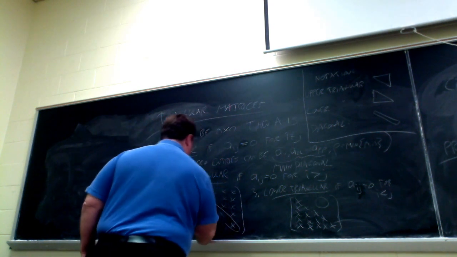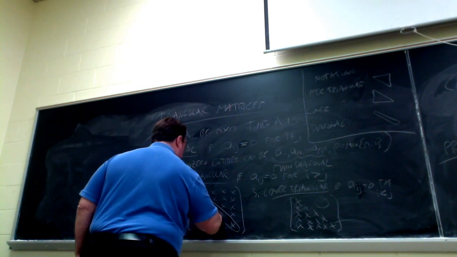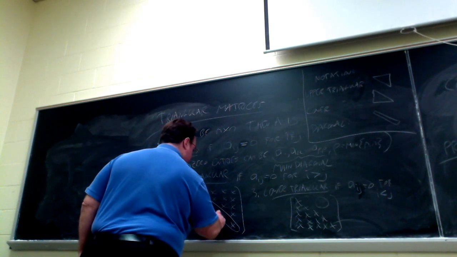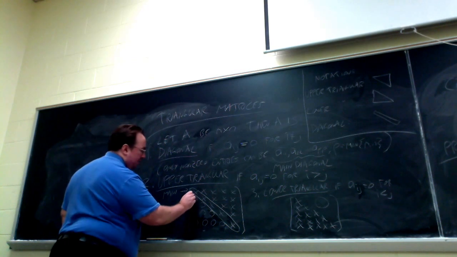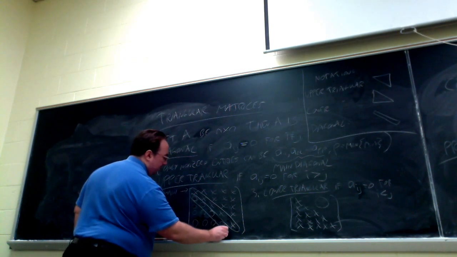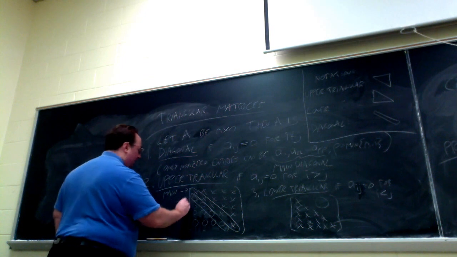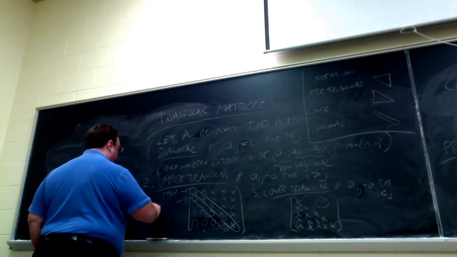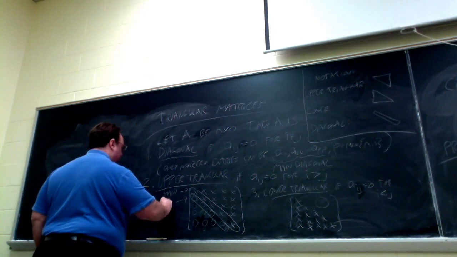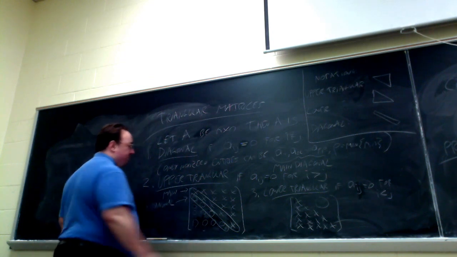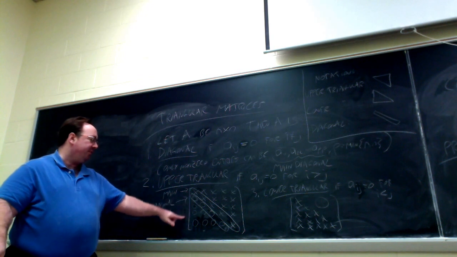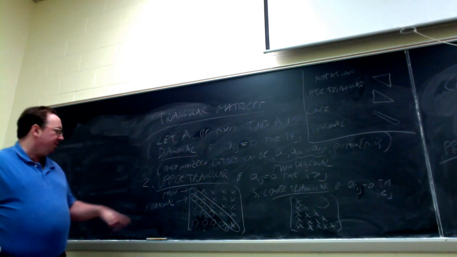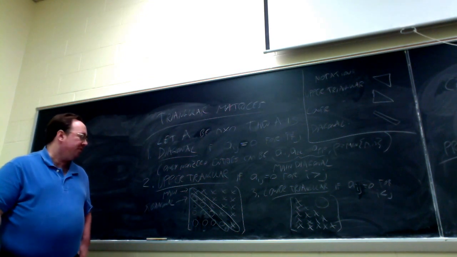I'm going to clean up this 5 by 5 matrix. Now, the entries that are immediately below the main diagonal, these right here, that is called the subdiagonal. As you need to refer to the other ones, you might call this the first subdiagonal, then second, third, fourth. But this is the one that's often of interest.